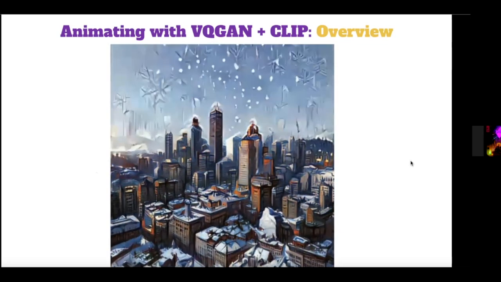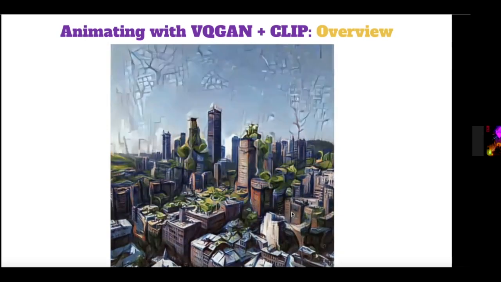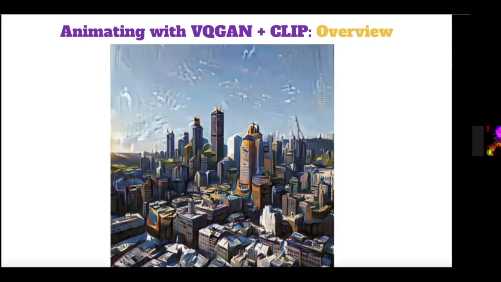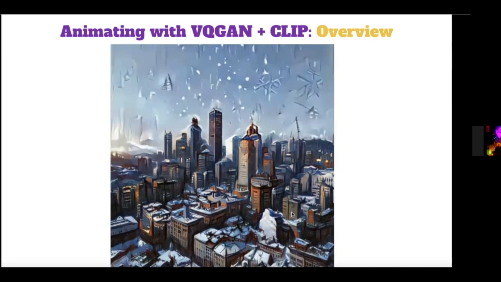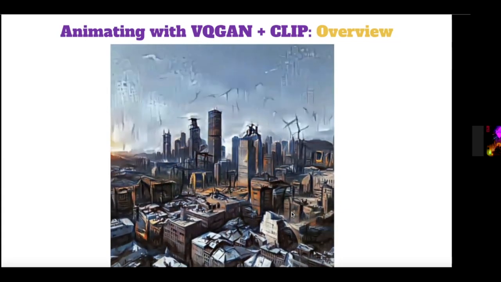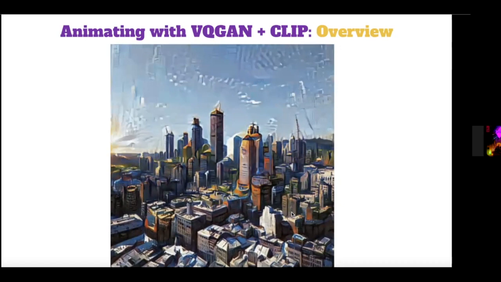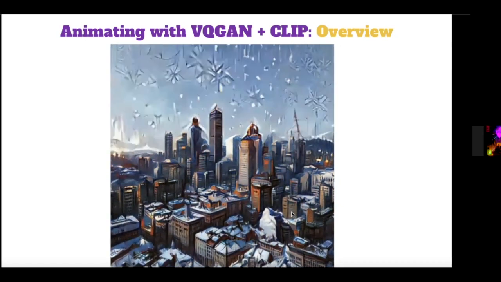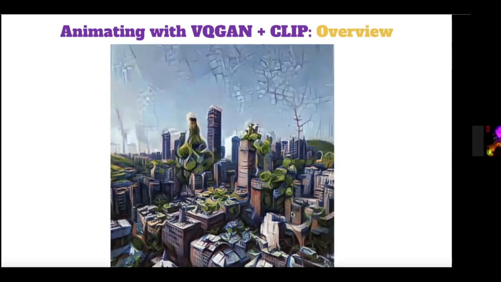There's actually very minimal zoom here because I wanted to keep the image mostly static and show the city in the same place, but at different points in time. The way it works is I told the AI to change the prompt at different points.